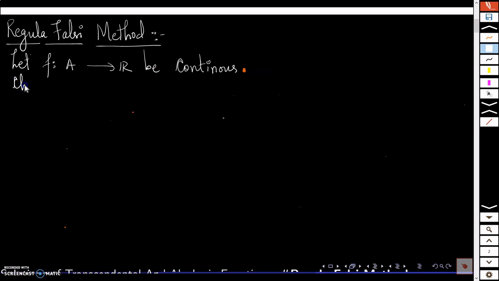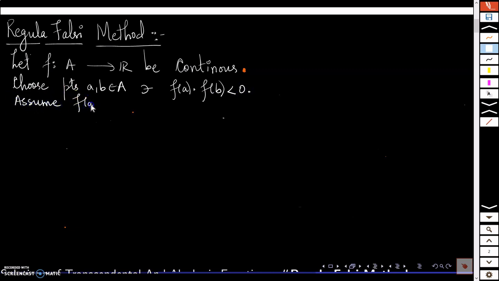So choose points a and b in capital A, that is the domain of the function, such that f of a into f of b is negative. Let's assume that f of a is negative and f of b is positive. So their product will be of opposite signs.